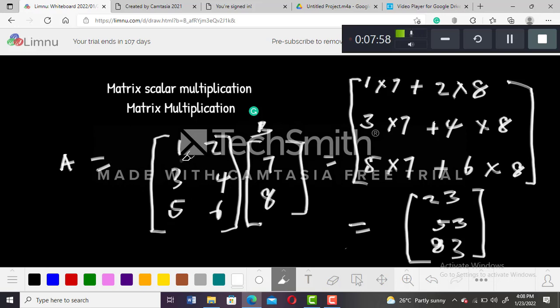So we just multiply 1 by 7 plus 2 by 8 to form our first entry, and 3 by 7 plus 4 by 8 gives the second, and 5 by 7 plus 6 by 8 the third. And this is exactly how we work during matrix multiplication.